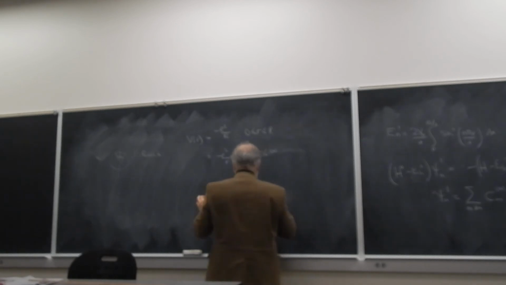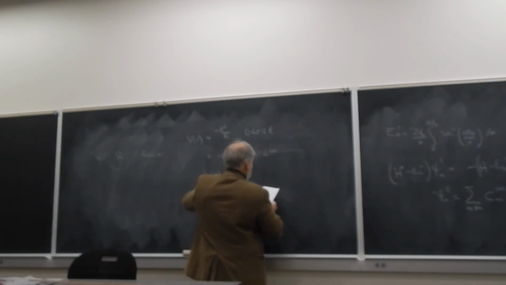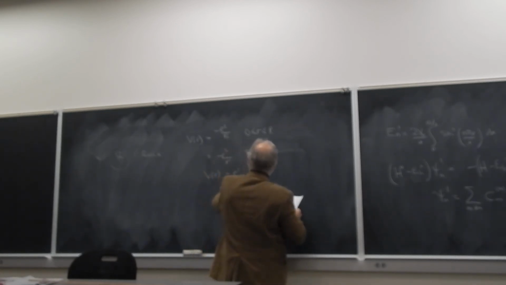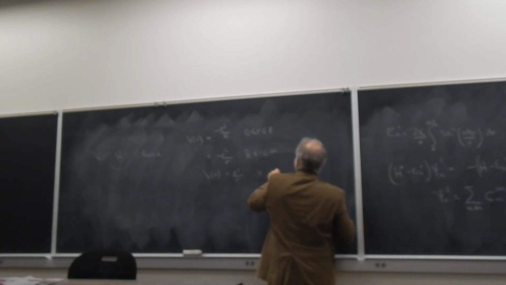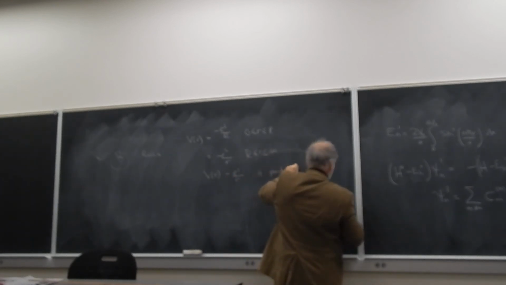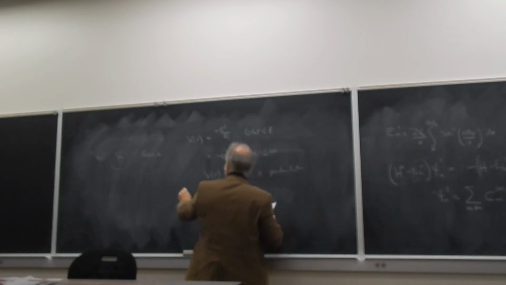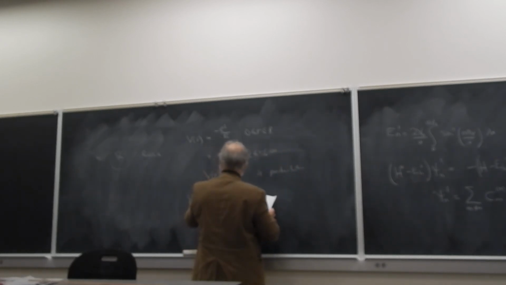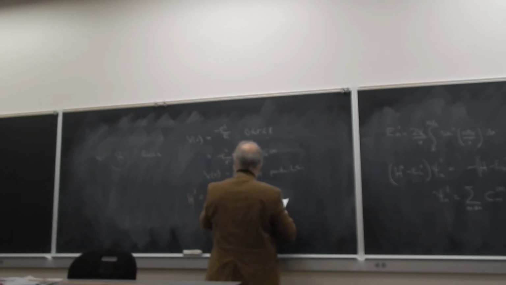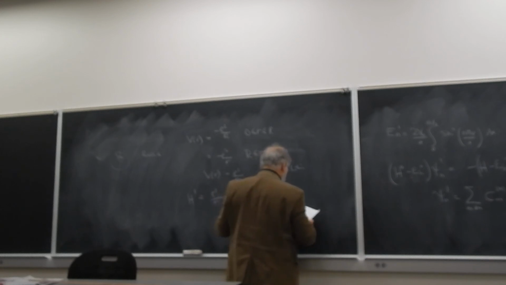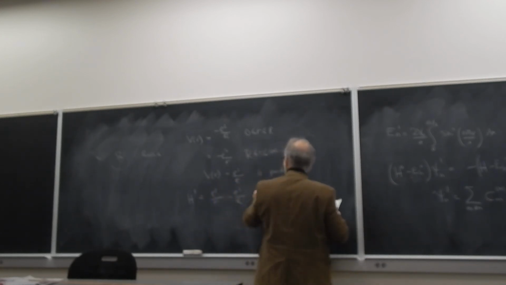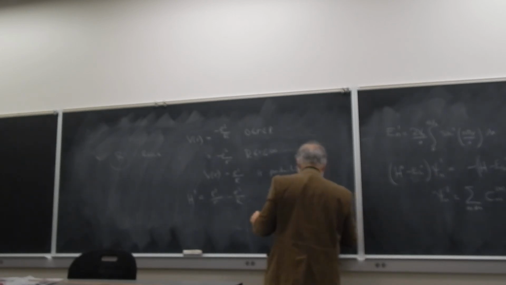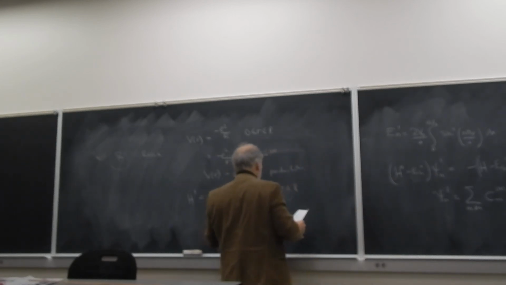Let's take the difference between V of r and e squared over r as the perturbation. So H1 is equal to e squared over little r minus e squared over big R for 0 less than little r less than big R, and then 0 otherwise.